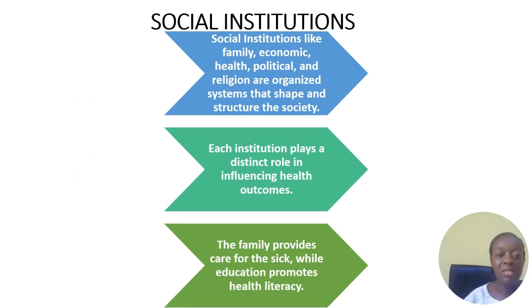Then we have social institutions. It's important to understand that the social institutions we are talking about include the family, the religious sector, the political sector, and the society at large. For example, the family as a social institution provides for the sick member of the family, while education as a social institution promotes health literacy.